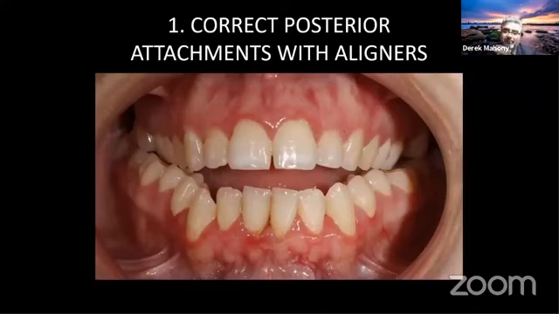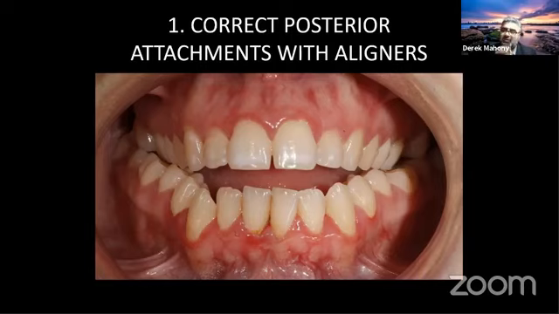All right, so getting back to that first case I showed you, now, when I first started using aligners, I just did them on simple cases until I met Ivan Malagon from Madrid and Dr. Diego Peydro from Valencia.